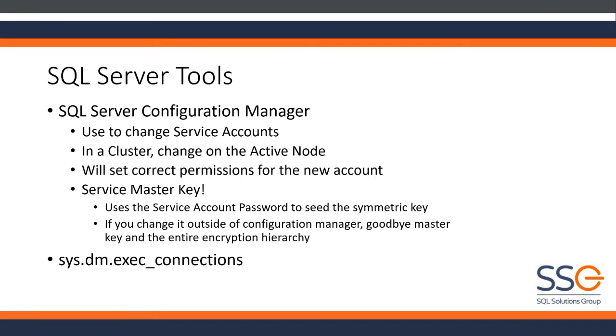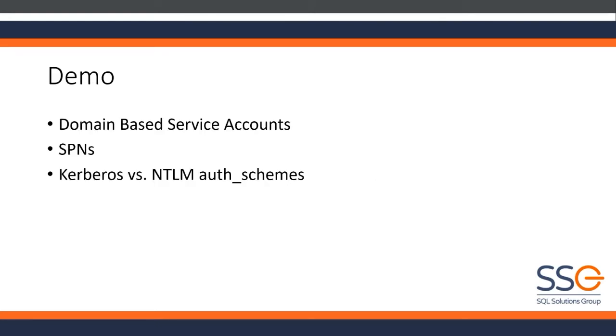One of the things that comes up is, oh look, I have a typo there. That should be an underscore. What comes up is, how can I tell if Kerberos is working in my environment? And the answer is there is a column in exec connections called auth_scheme that will tell you how this authentication is happening.